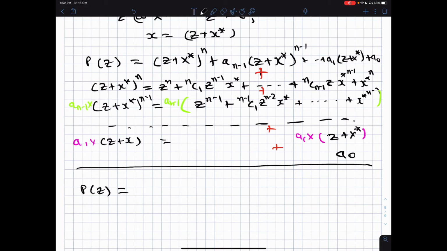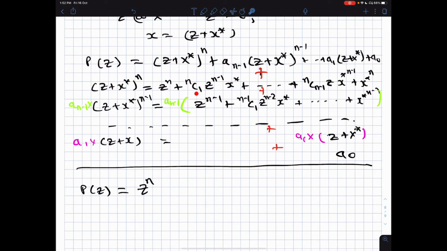Now z to the power n comes only in the first polynomial, so nothing gets added, and it becomes a monic polynomial in z to the power n, correct? Now I add to it the next term, which is going to be in z to the power n minus 1.